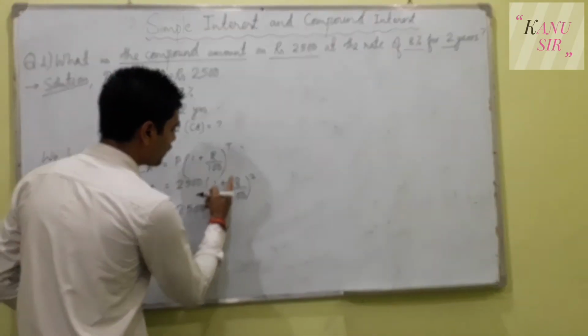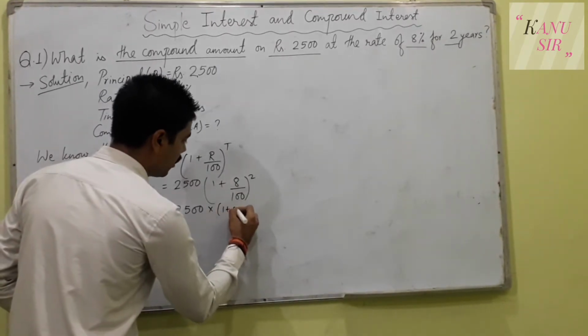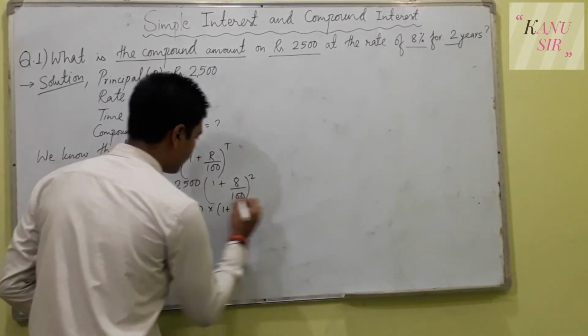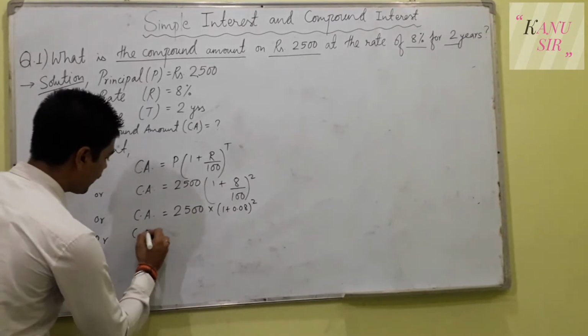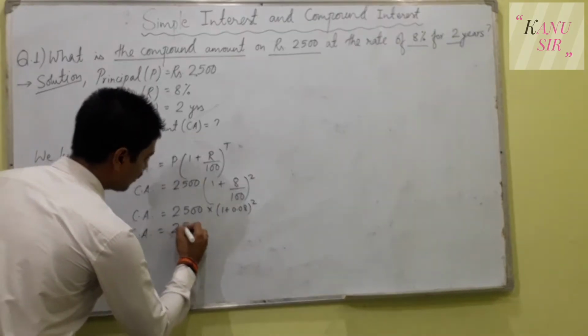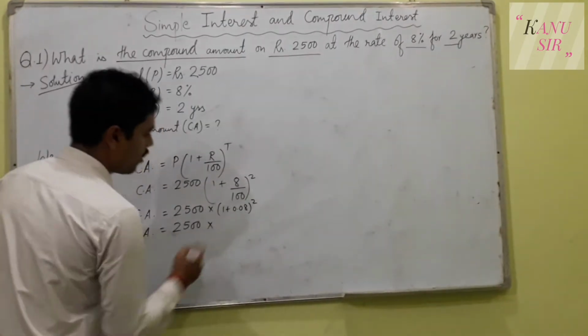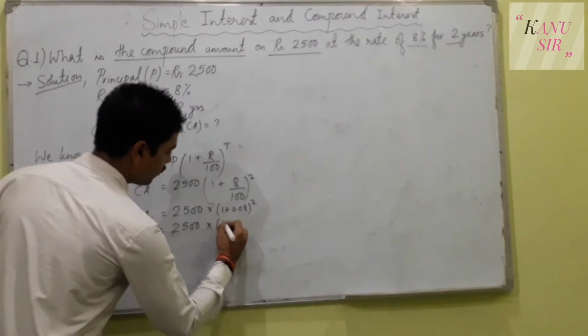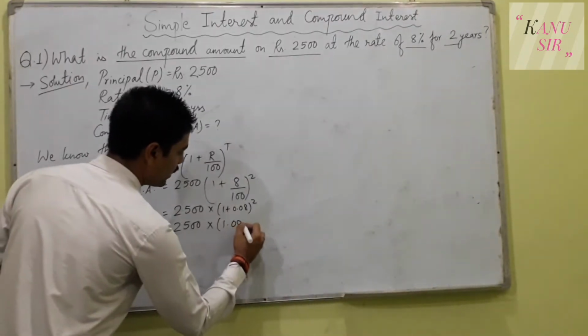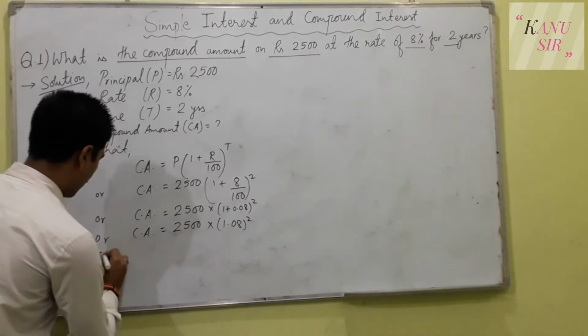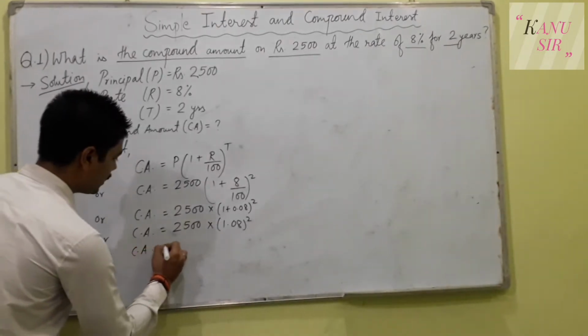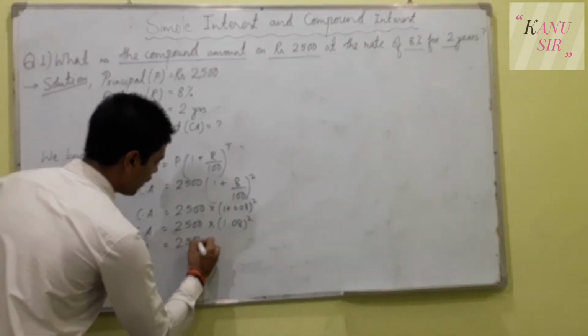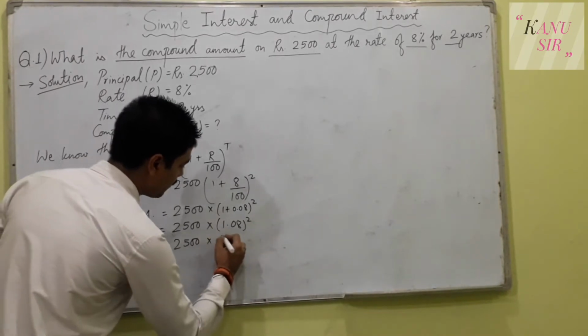So 1 plus 8 by 100 means 1 plus 0.08 whole square, so compound amount is equal to 2,500 into 1.08 whole square.